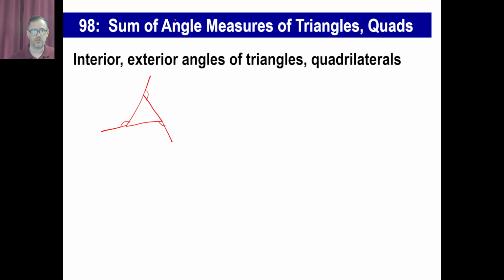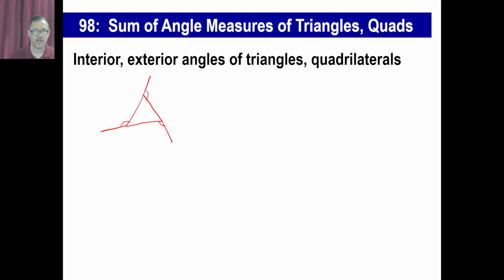Let's say you're a person, you're turning, and that's a triangle. You're starting here, you're going this way, you're going that way, you're turning 3 times, and you end up exactly where you were before. Remember, if you start at something and you go all the way around, that's 360 degrees, right?